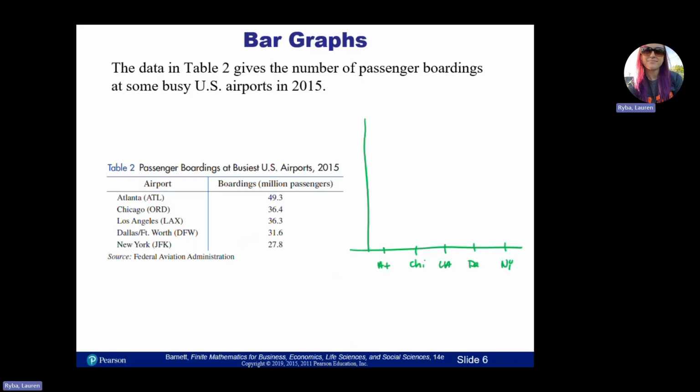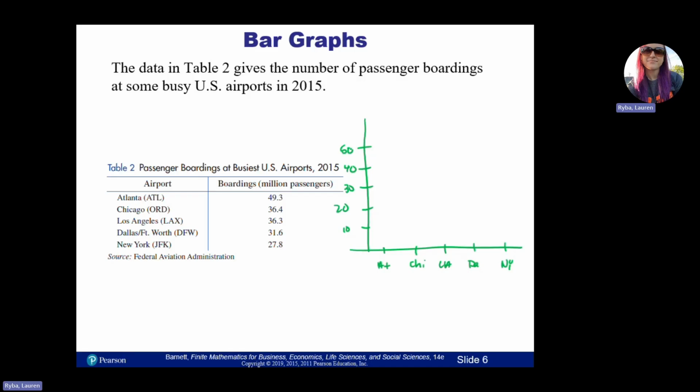And then I look at my numbers here. My highest number is 49.3. So I'm going to count by tens to 50. So 10, 20, 30, 40, 50.